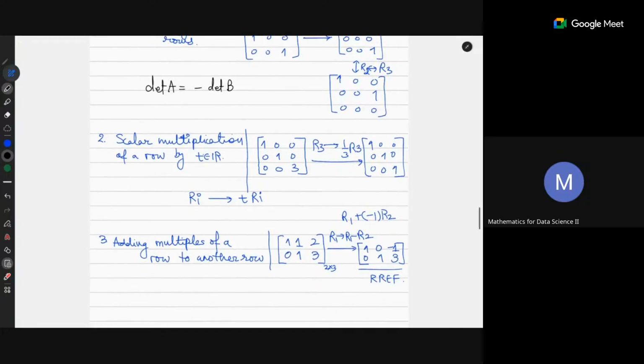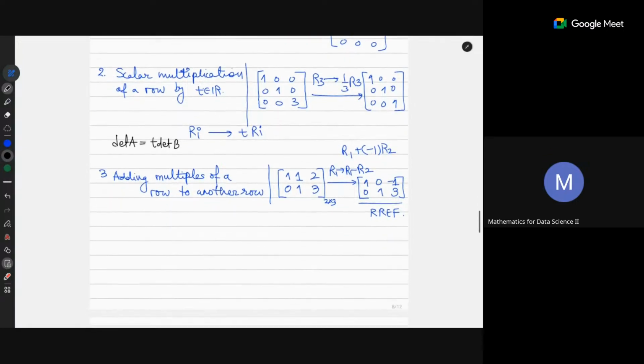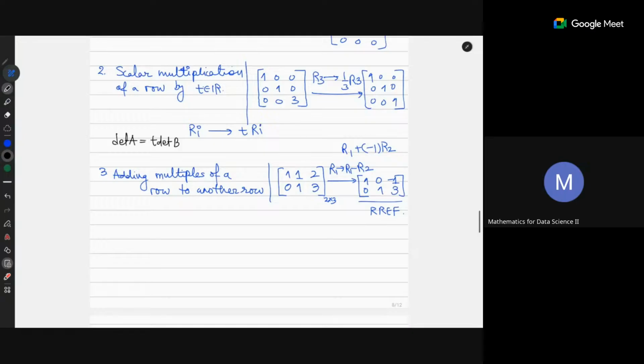Similarly, if you multiply a constant t to any row, then it is the same as multiplying t with the determinant of the resultant matrix. And adding or subtracting rows does not change the determinant. So determinant of A will remain the same as determinant of B.